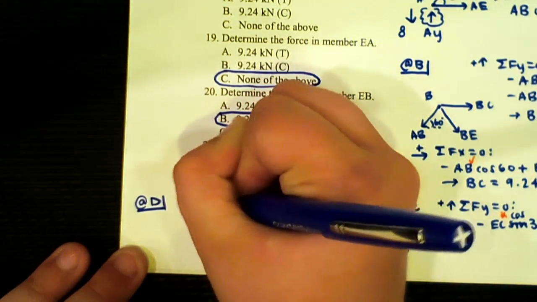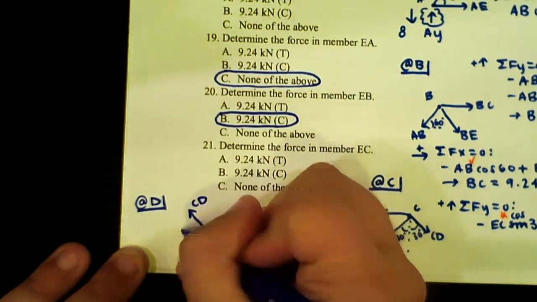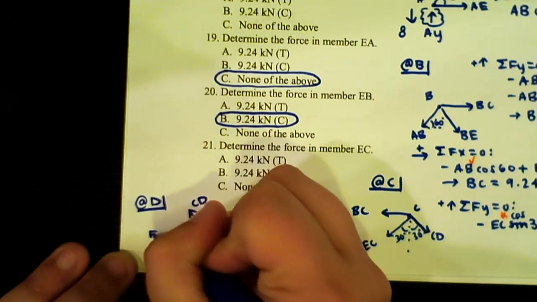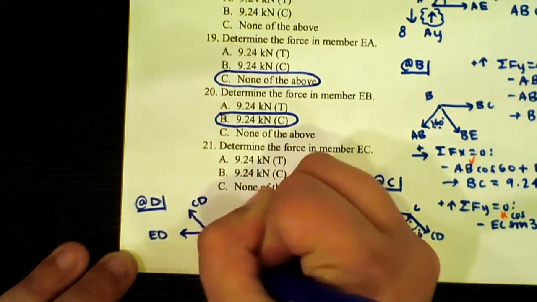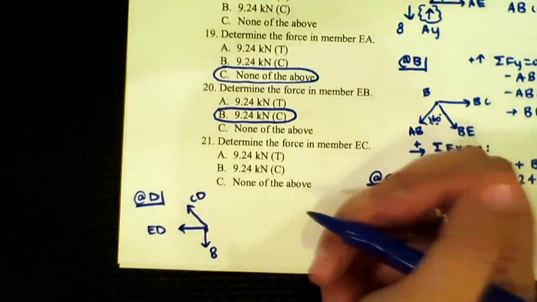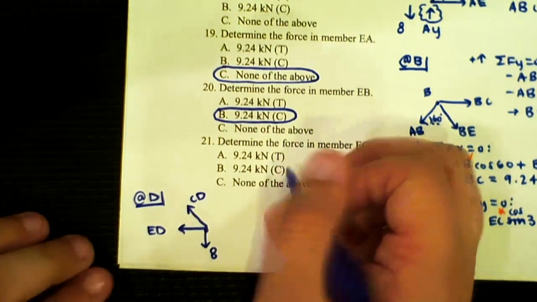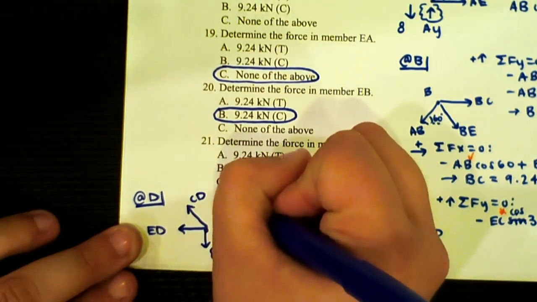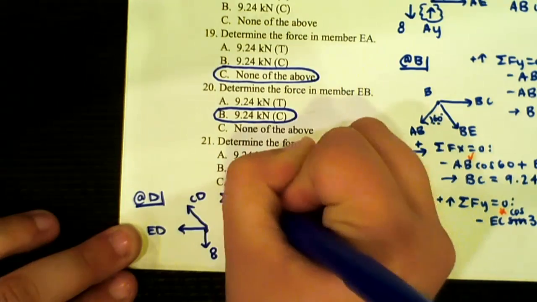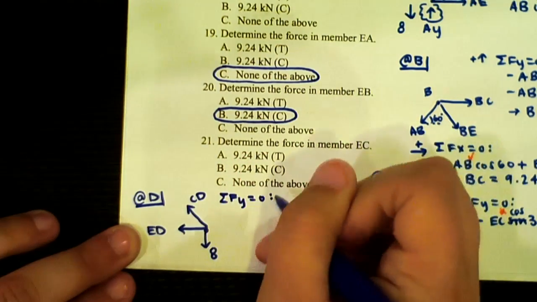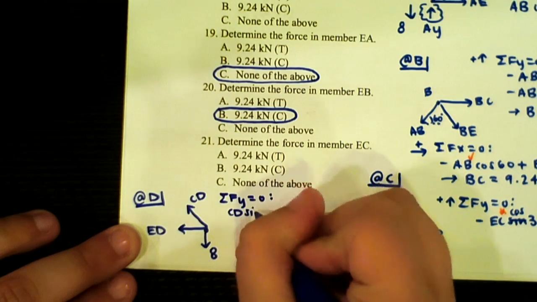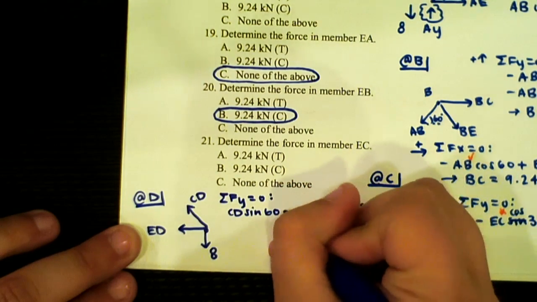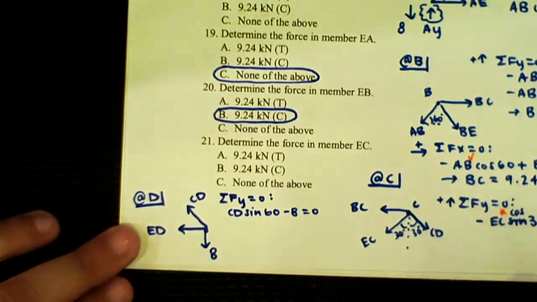So we have CD going up, we have ED going to the left, and then we have P going downwards, that's 8. You can do sum of forces in the y direction, and you can find that CD sine 60 minus 8 equals 0.